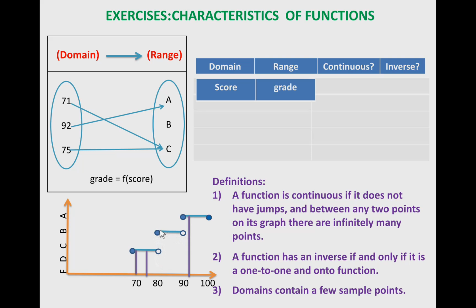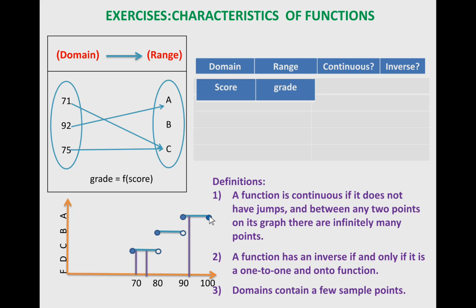That's why the interval for B does not include 90. Otherwise, we would fall into the condition that annuls that this is a function. But for the interval between 90 and 100, it is a closed interval at the 90 edge and a closed interval at the 100 edge, because there is no other score above 100.